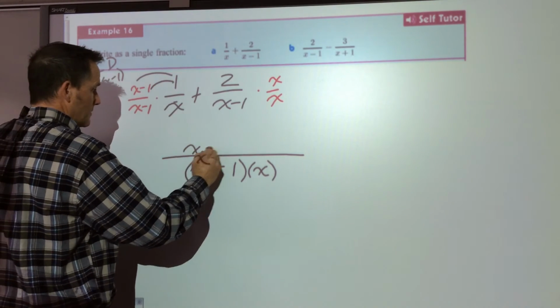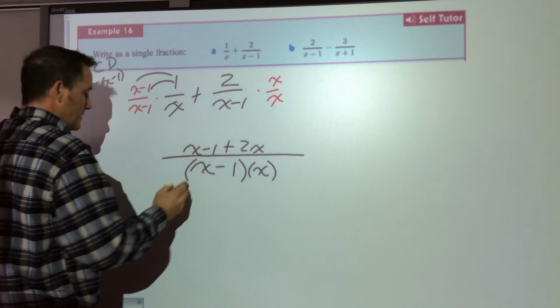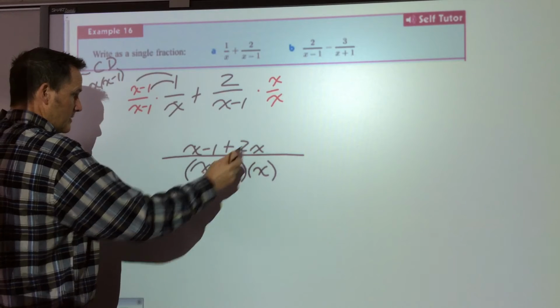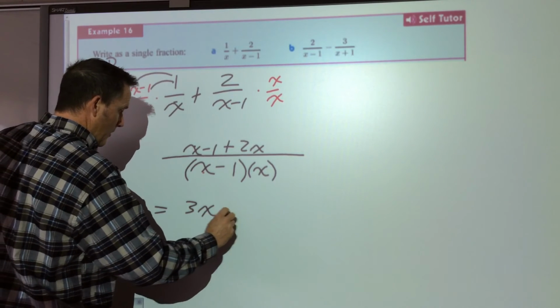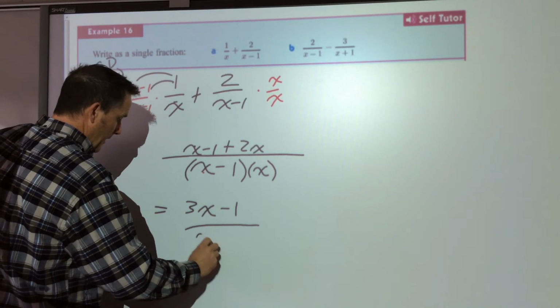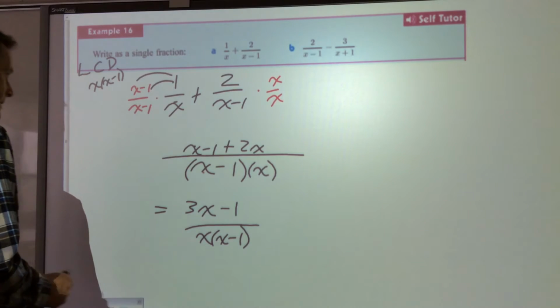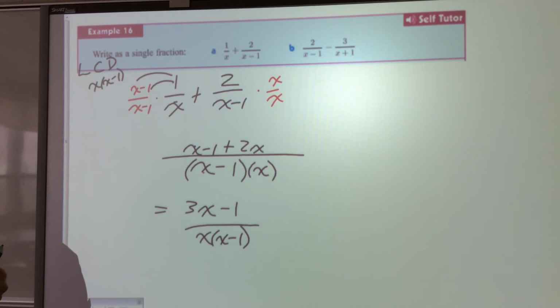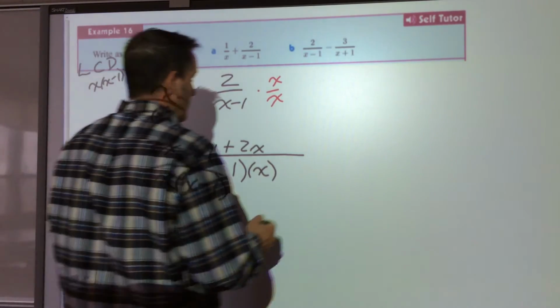So I get x minus 1 plus 2x. x's can be combined here. So I get 3x minus 1 over x minus 1. Leave it like that. Don't mess with it from there. I'm sure the next one will leave us with some work though.